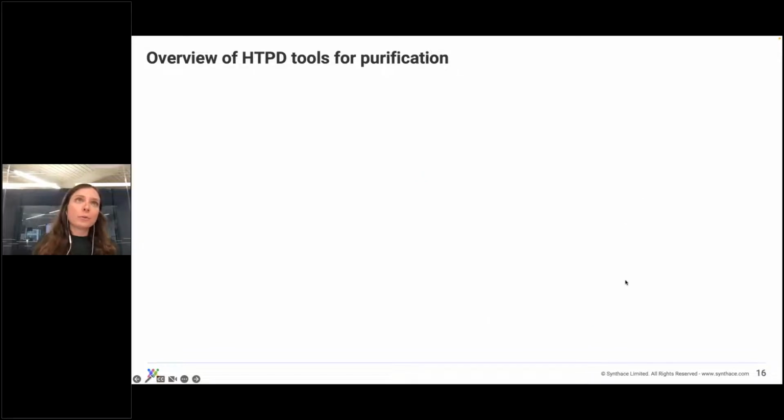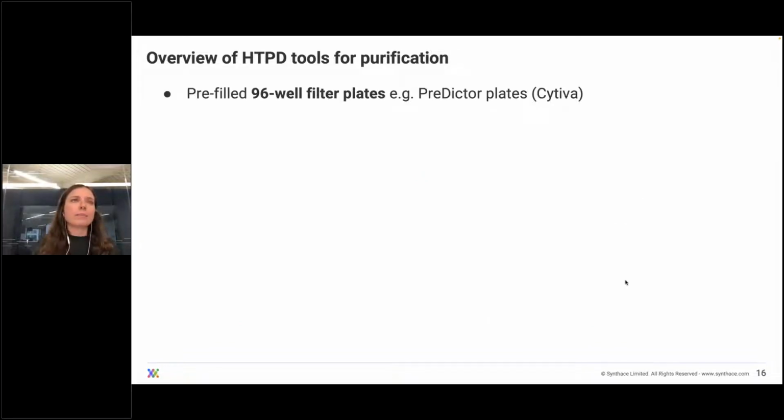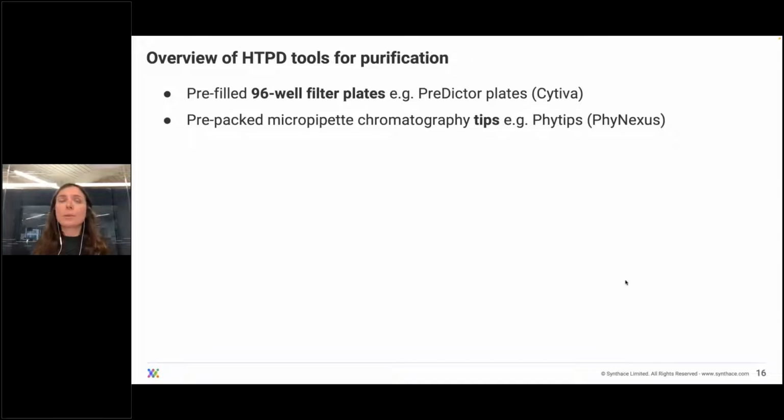So let's take an overview of what tools are there. From the picture I showed you, we have the pre-filled 96-well filter plates, where one of the main suppliers, I believe, is Cytiva, so-called predictor plates. Then we have the pre-packed micropipette chromatography tips, PhyTips.